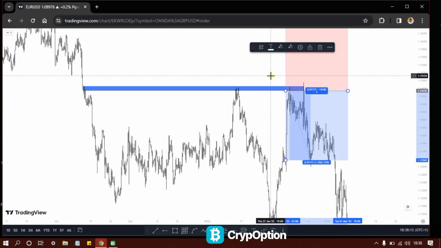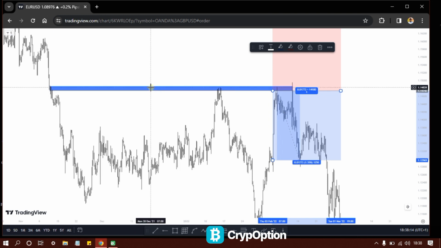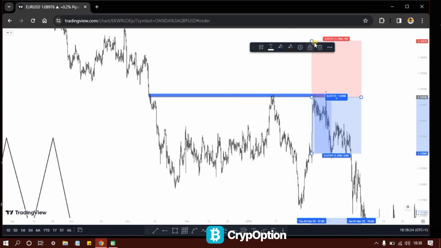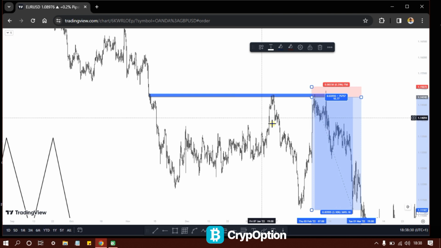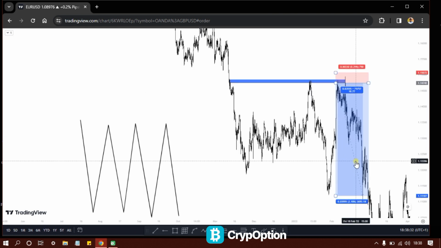Now look at this particular zone, you notice that we have price dropping here, dropping here. So this is the first touch, this is the second touch, and at the third touch we have price coming down, you can see, and this is how to trade it properly. Now this is an example of the horizontal resistance.